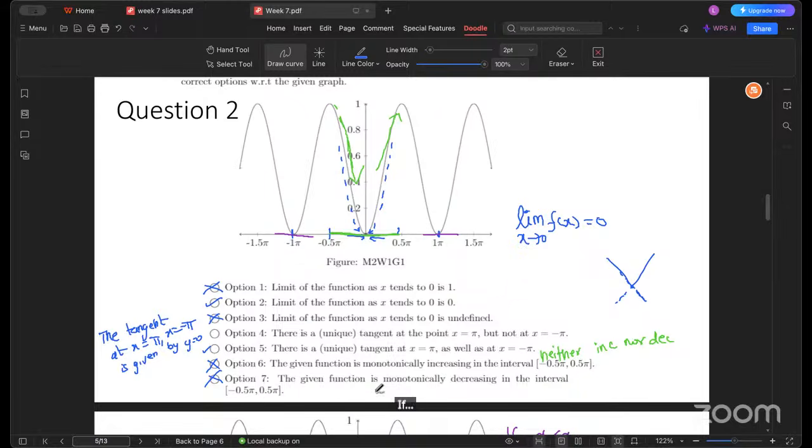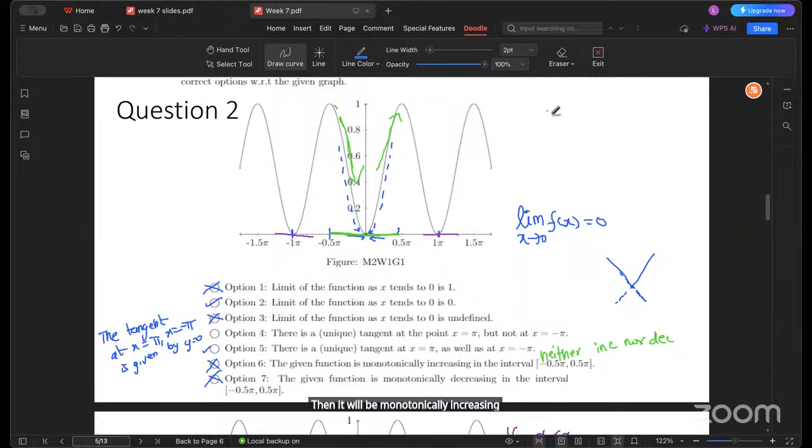If the question had stated from 0 to 0.5 pi, then it is strictly increasing. Exactly. Ma'am, if the option would be monotonously increasing from 0 to 0.5 pi, then also it would be fine. Yes, then it will be monotonically increasing.